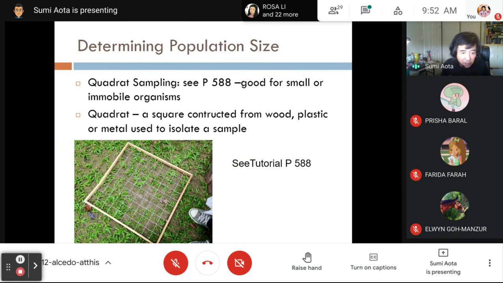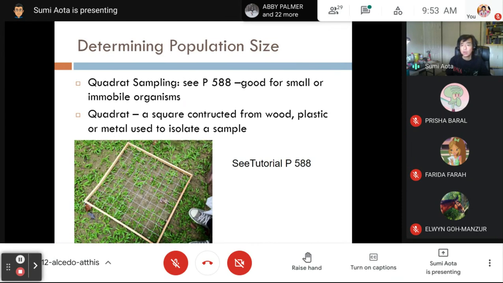In your textbook, if you go to page 588, there is a tutorial or a sample problem on using quadrats to estimate density. So I would take a look at that. Yes, page 588. So go see the tutorial on page 588 in your textbook.